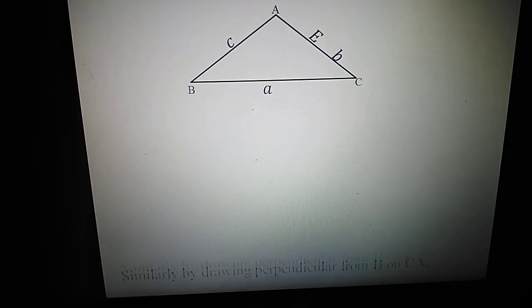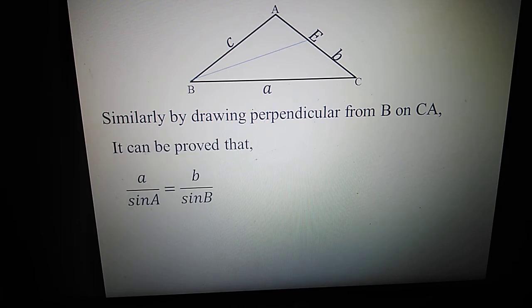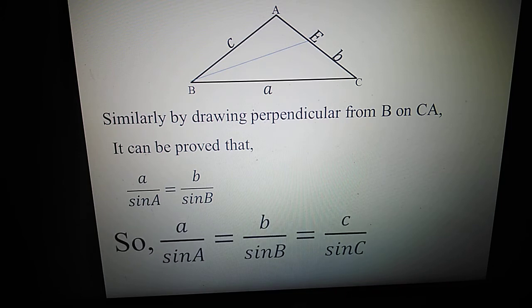Similarly, if we draw a perpendicular line from B on AC, then we can find a by sine A equals c by sine C. In our previous slide we got b by sine B is equal to c by sine C. So that means a by sine A, b by sine B and c by sine C are all equal. Hence we get our proof.